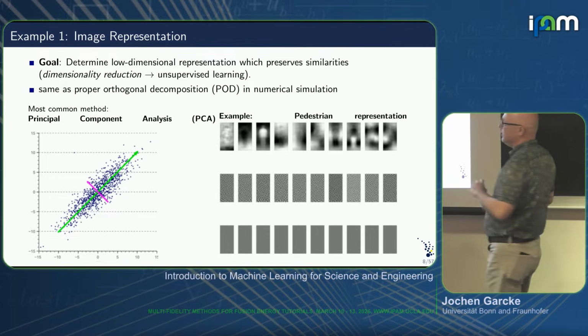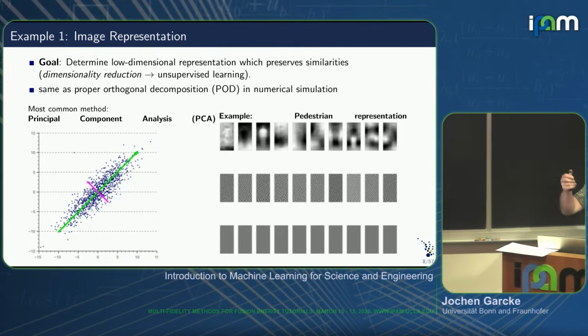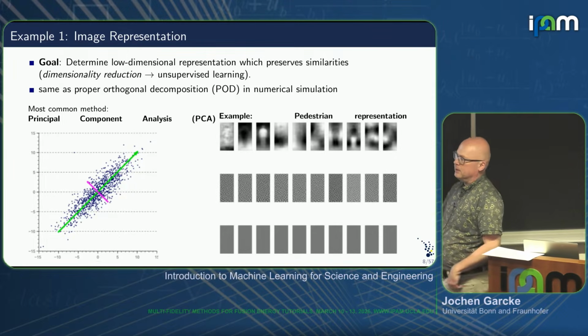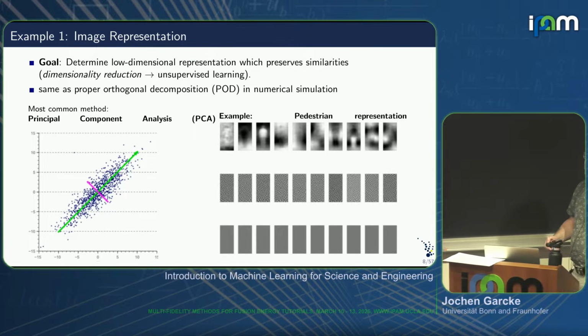In numerical simulation, we know the same idea as proper orthogonal decomposition. You have a bunch of numerical simulation results with the same resolution, you do a singular value decomposition on that, and get a surrogate model idea.